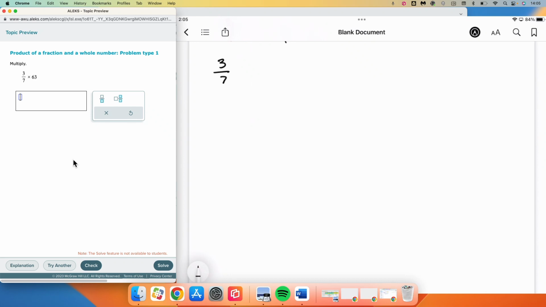So 3 over 7 times 63. We would have 3 over 7, 63 over 1 is the equivalent fraction to 63. We multiply straight across, and we would get 189 over 7.